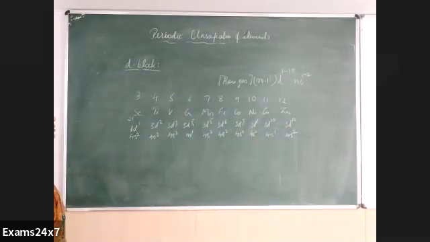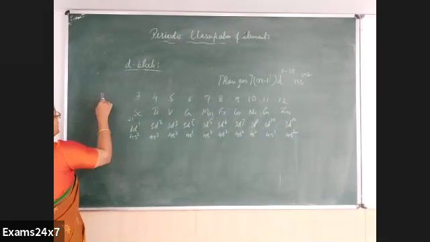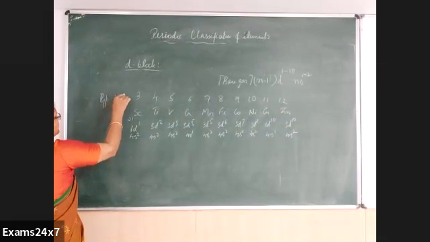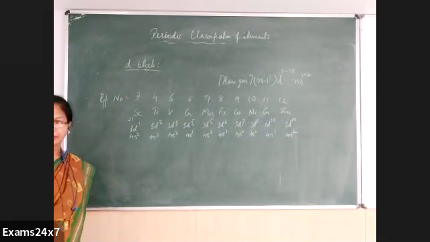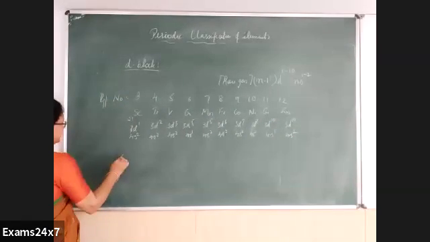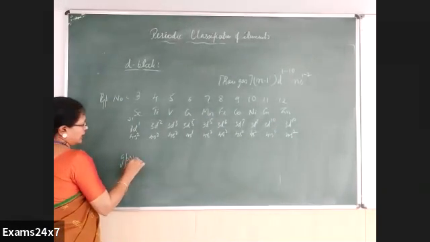Correct? Now, how to get the group number? These are the group numbers we have marked here. I want the relation between group number and valence electrons.